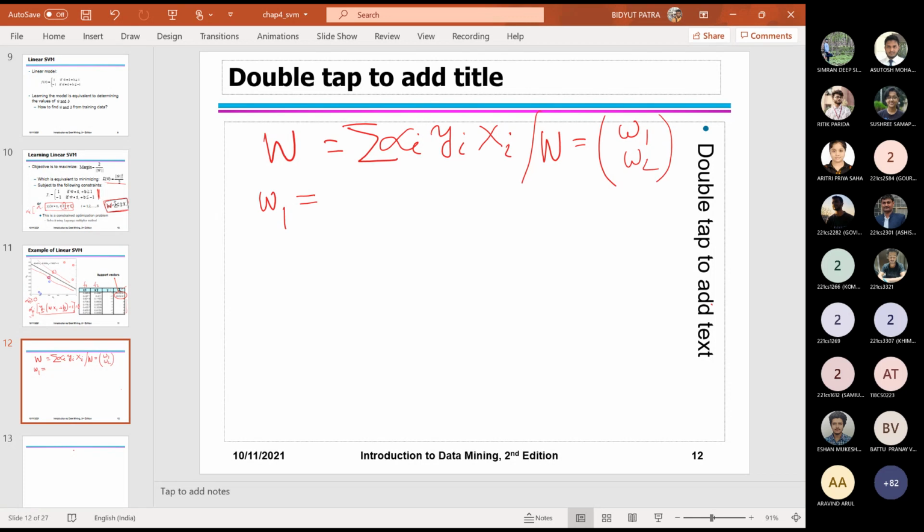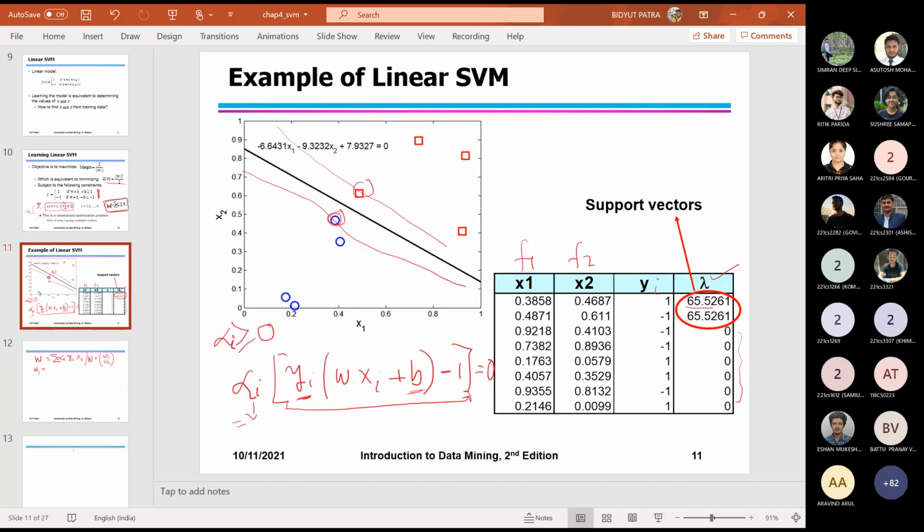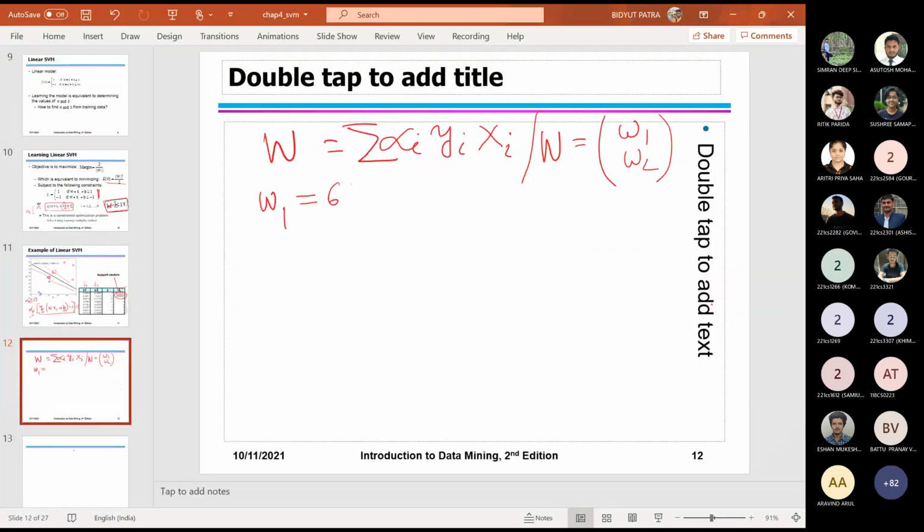Okay, now how do we compute the value of W1? W1 is equal to alpha I. What is the value of alpha I? This is the value, 65.5261, into yi.